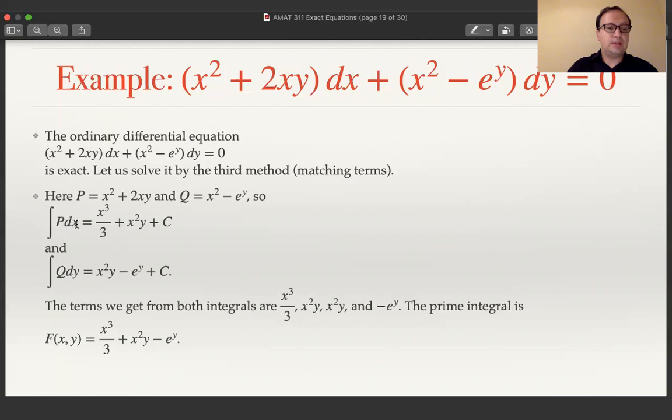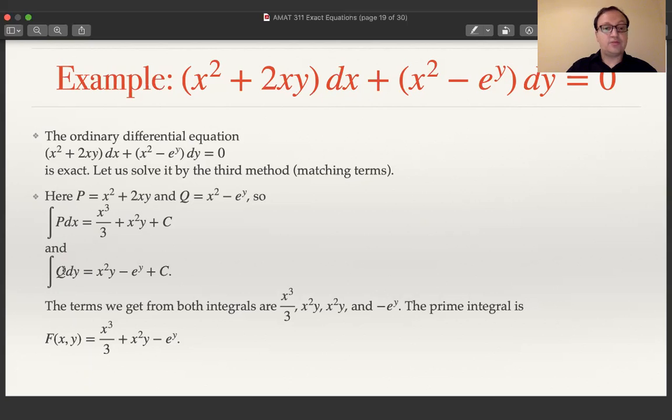Then integral of p dx is, well, let's compute it. It's x squared plus 2xy. So the integral of x squared is x cubed over 3. The integral of 2xy is x squared times y. What about q? We didn't do this computation before. So q is x squared minus e to the y.